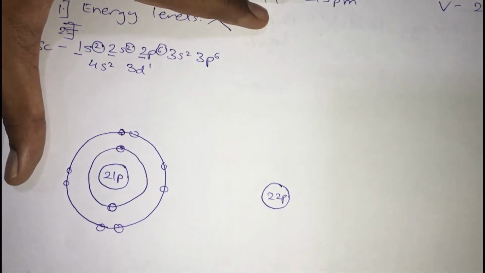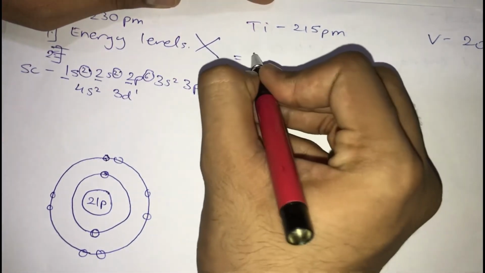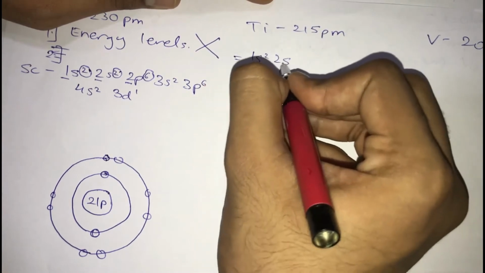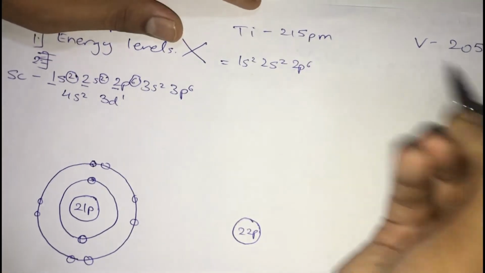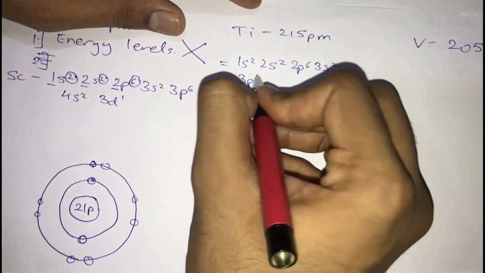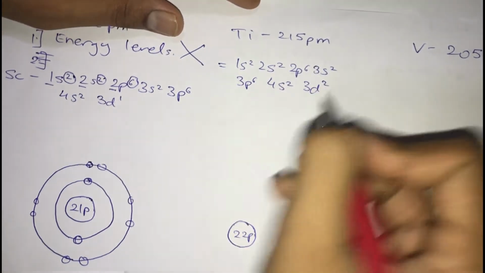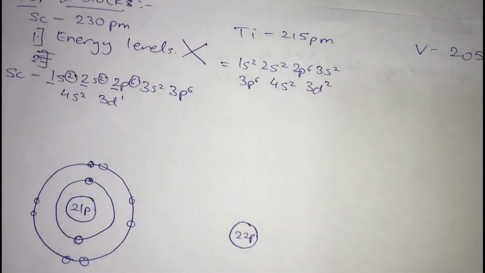And the electronic configuration of titanium is nothing but 1s2, 2s2, 2p6, 3s2, 3p6, 4s2, 3d2.